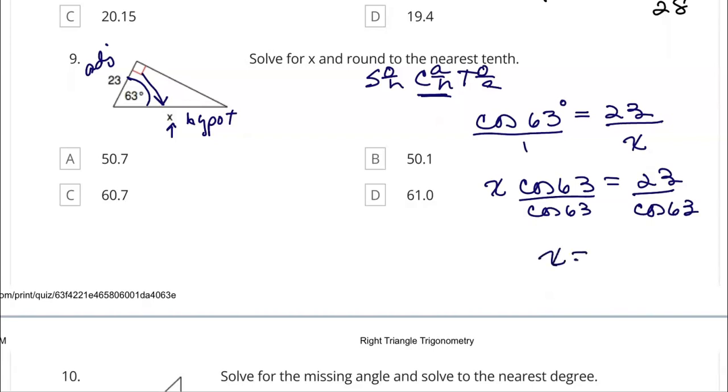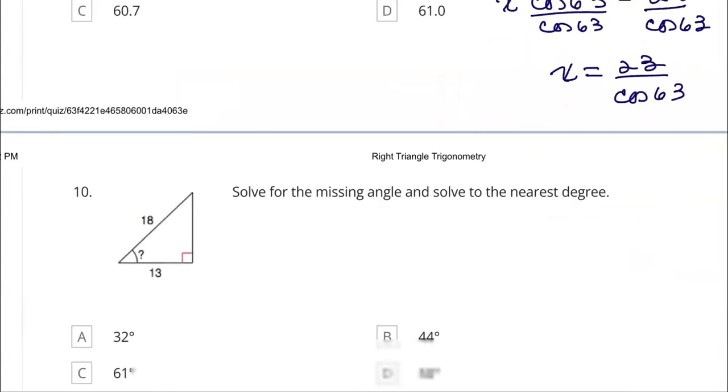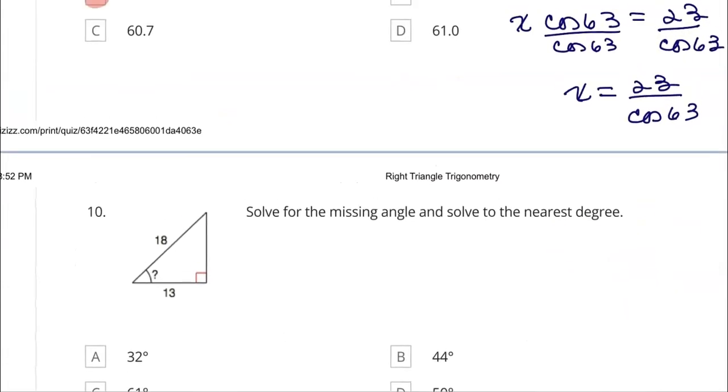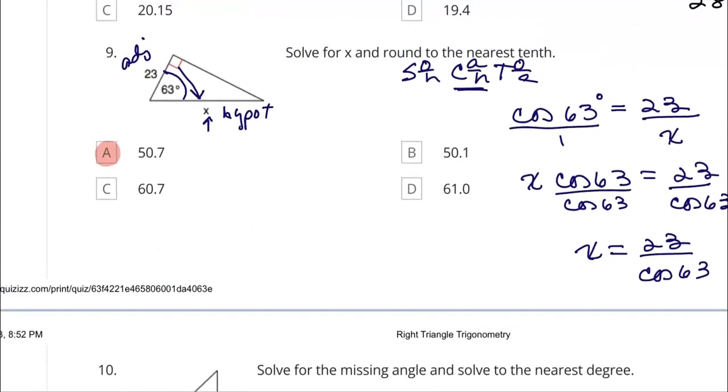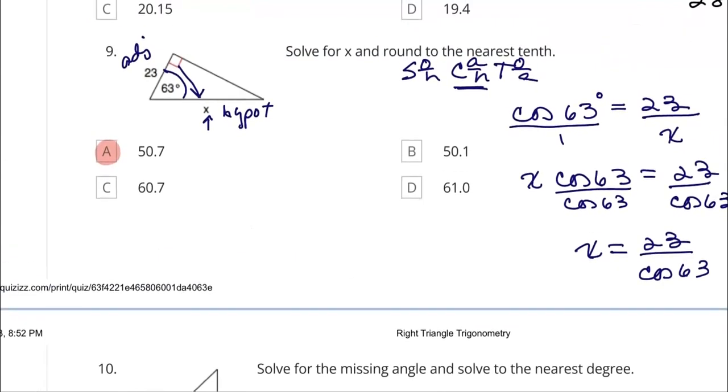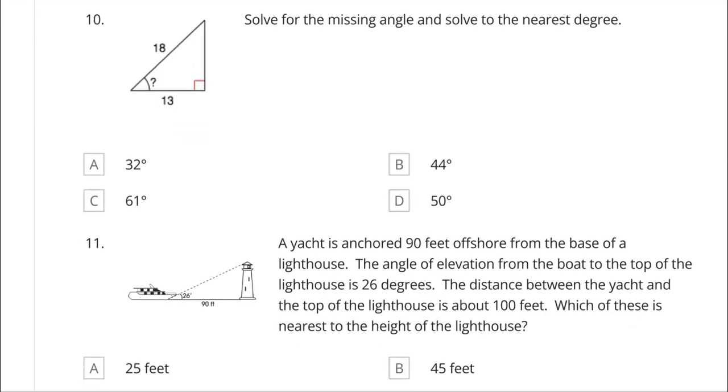So x is going to be 23 over cosine of 63. Okay, when you put that in your calculator, you should be getting 50.7. Right here is where you should be. Okay, and it is a side length, and they gave me no units, so I don't have to give them back any units.